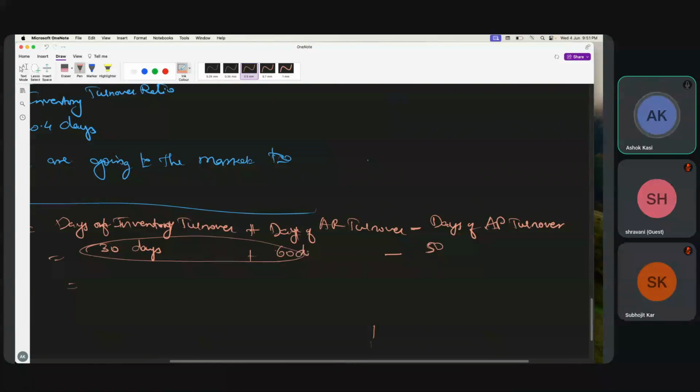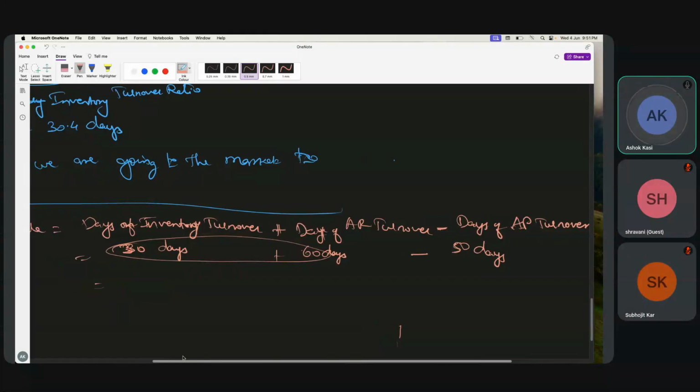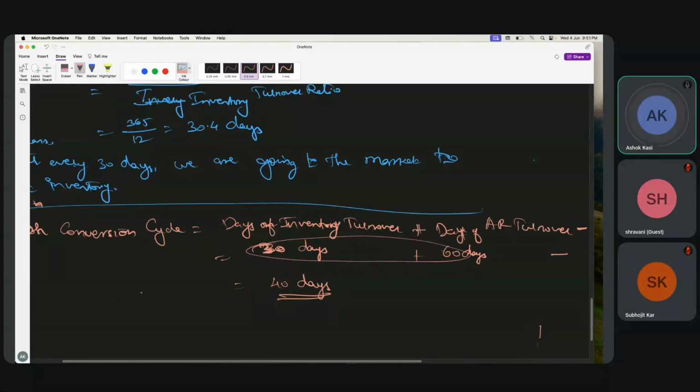So 30, 60, 90 minus 50. 90 minus 50 is 40 days. Now this number, lower is better.